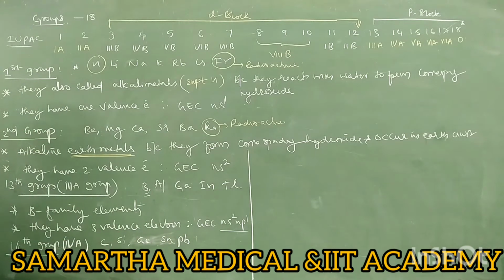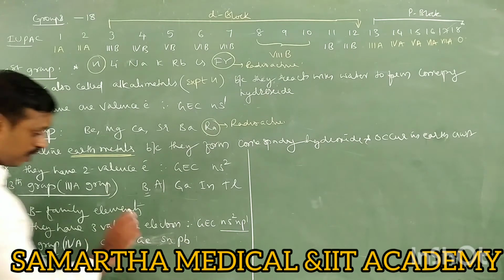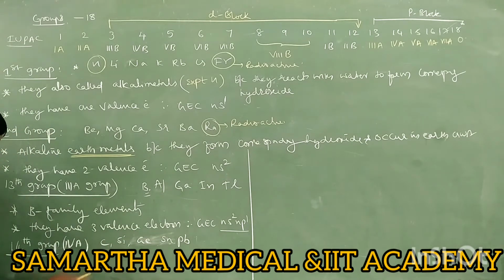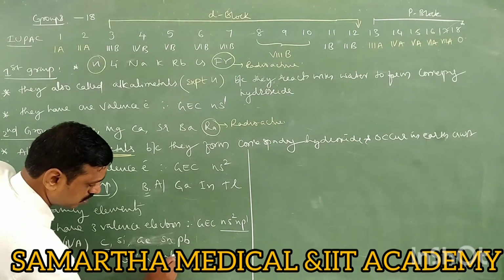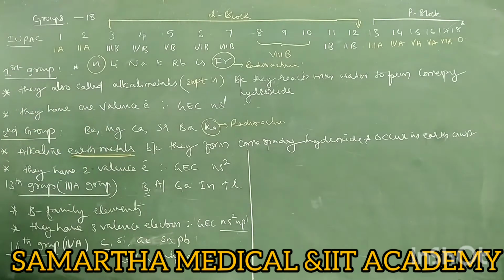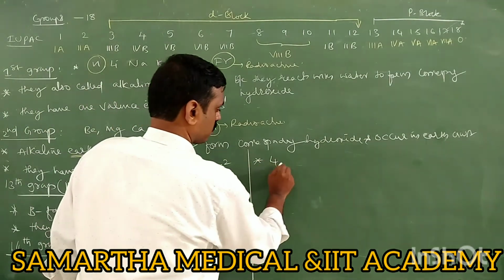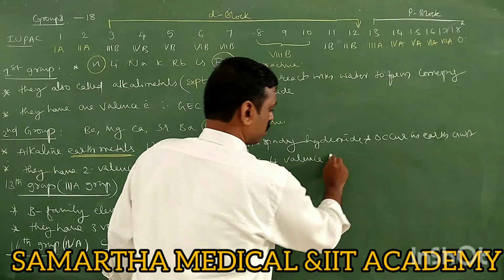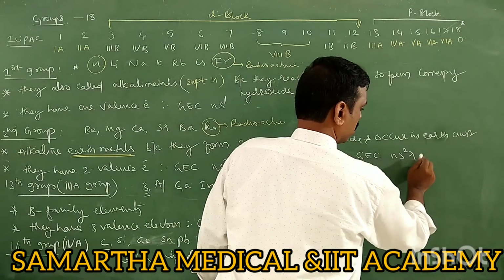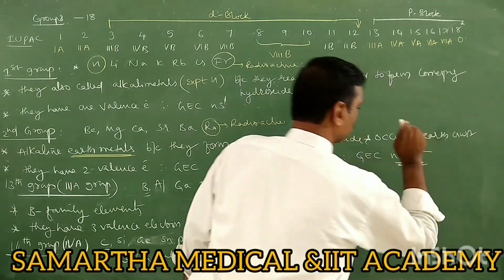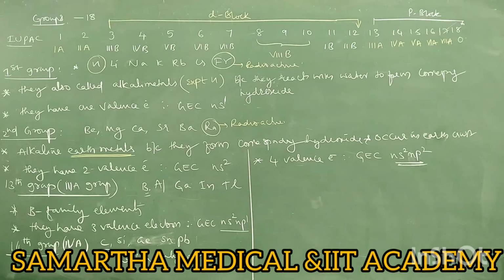This is also called the carbon family, because carbon is the first element. They have 4 valence electrons. Therefore the general electronic configuration is ns2 np2.